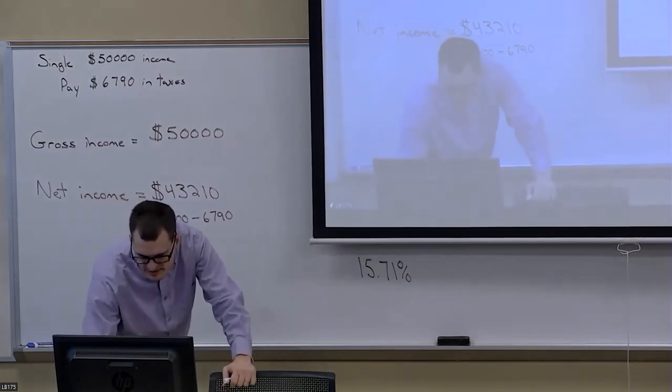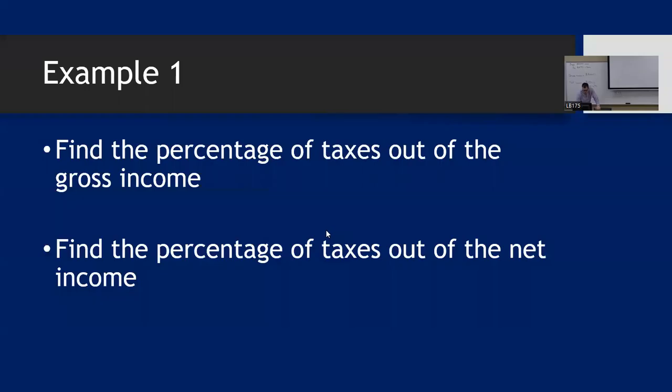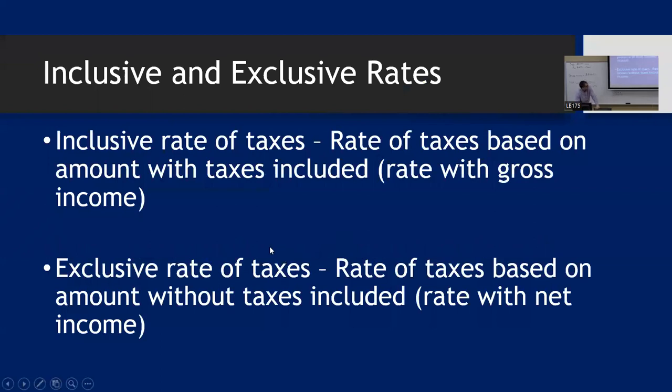Now, the reason I said leave a little blank is because these two different rates have special phrases. The one where the taxes are included, the one that's used with gross income, is called an inclusive tax rate.